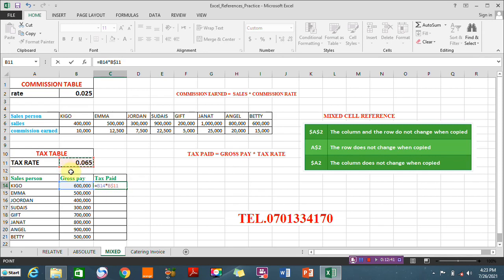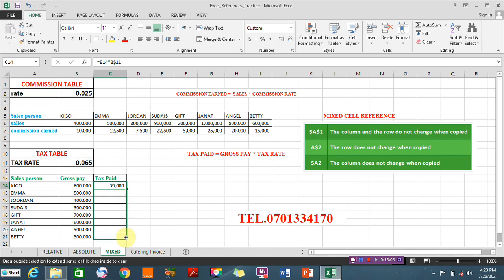We don't want it to go down to 12, 13 and others. So we are locking it onto only this one, but it will be on B. Are we together? So it keeps the data locked on only 11. That's why we put the dollar sign on only 11, but the B is not having. So we shall press enter and try to get other answers.